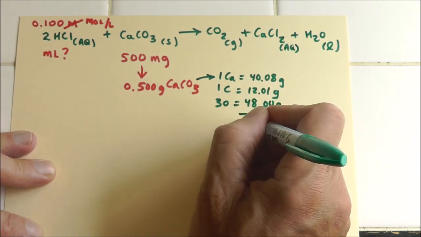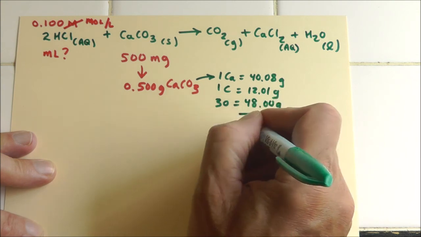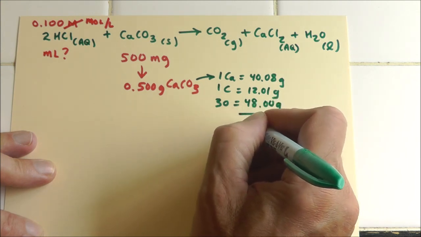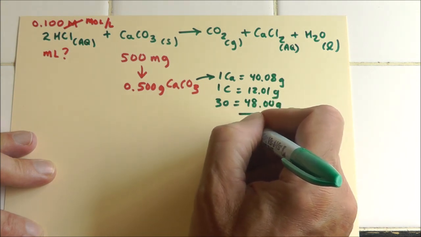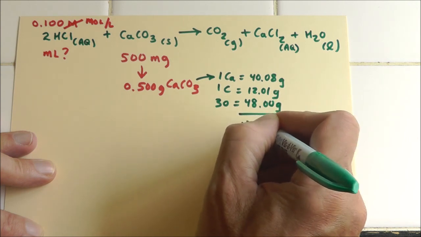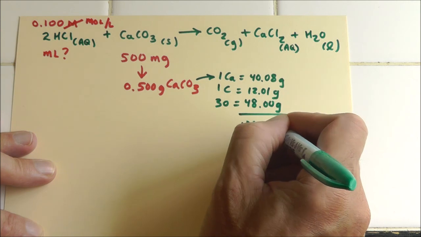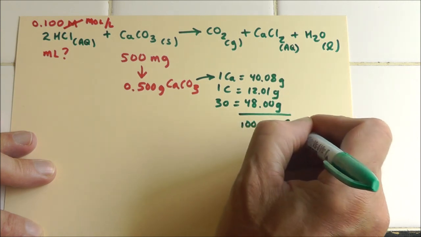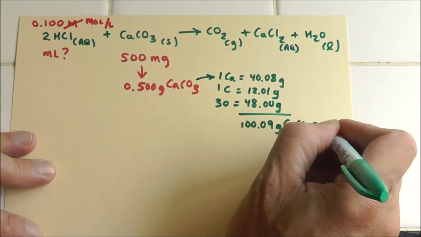This comes to 100.09 grams per mole, so 100.09 grams calcium carbonate equals 1 mole.